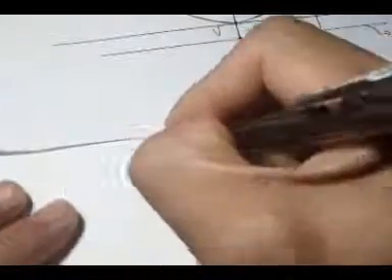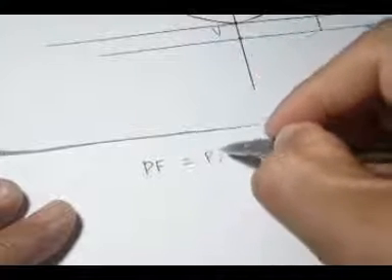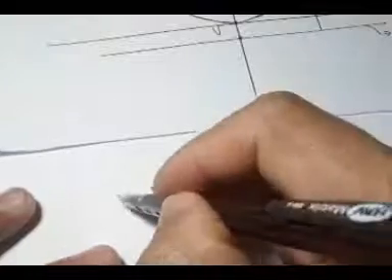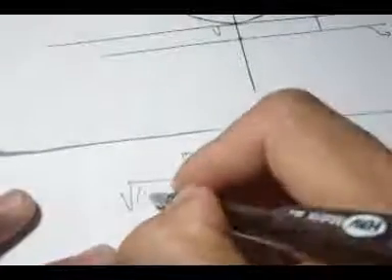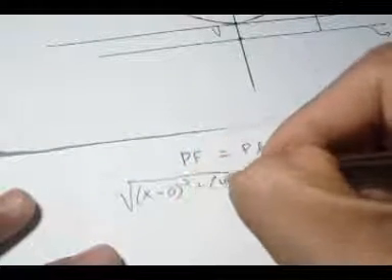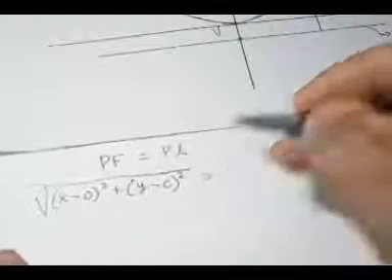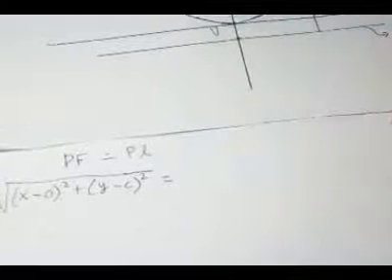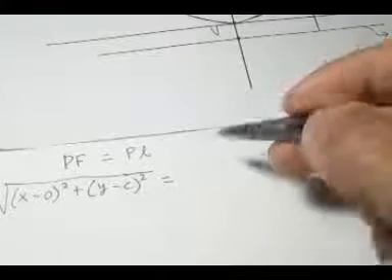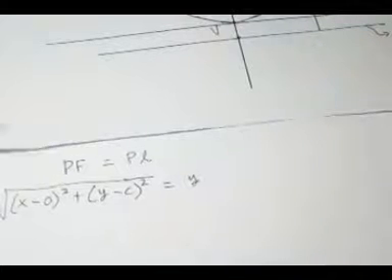So PF is equal to PL, the line. Okay, so using the distance formula, we have the square root of (x minus 0) squared plus (y minus c) squared equals the perpendicular distance from point P to line L, which is equal to y.